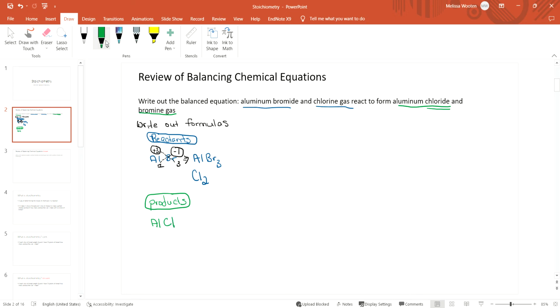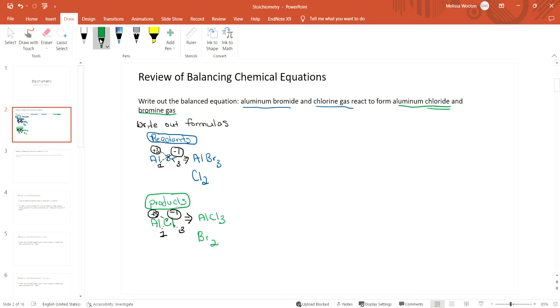And so when we think about our charges, aluminum is +3, Cl is -1. So we're going to do our crossover. And so we're going to form AlCl3. Right, and bromine gas is just going to be Br2 because bromine is diatomic.